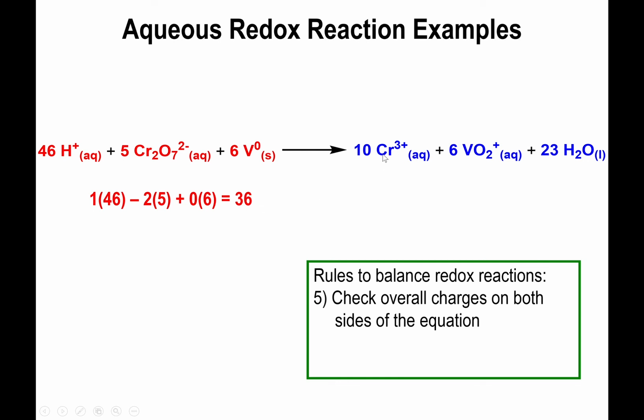On the right side of the equation, we have 3 plus times 10 plus 1 plus times 6, and then this is neutral, so no contribution. And 3 times 10 plus 1 times 6 is 36, meaning that the equation has been indeed balanced correctly. And this is how you balance the reaction via the direct method.